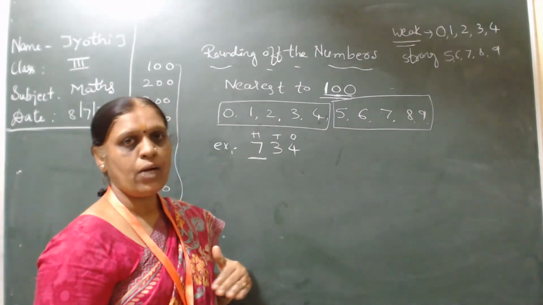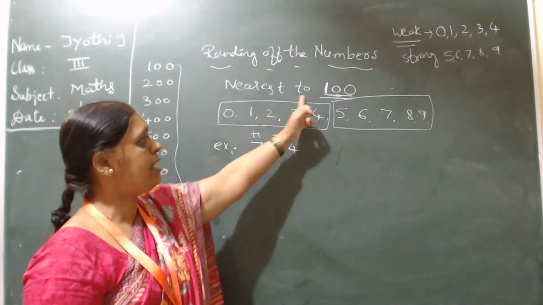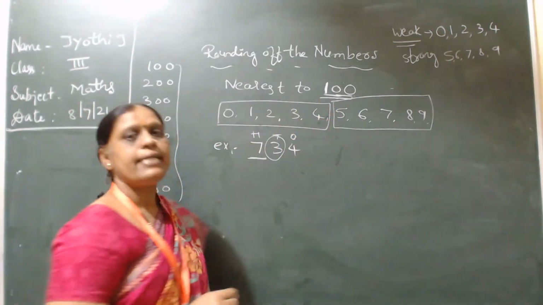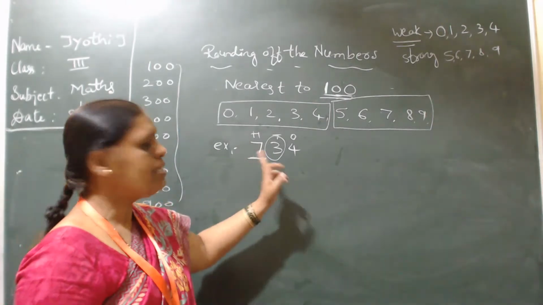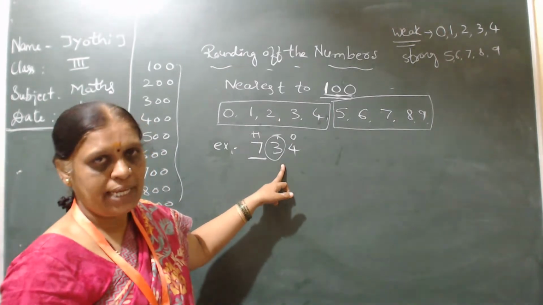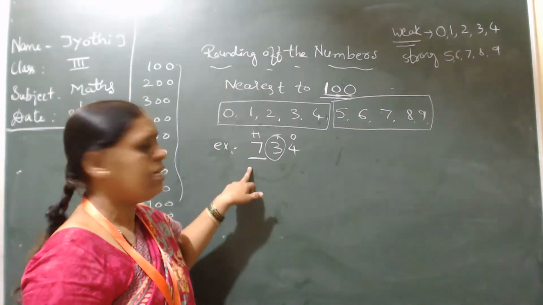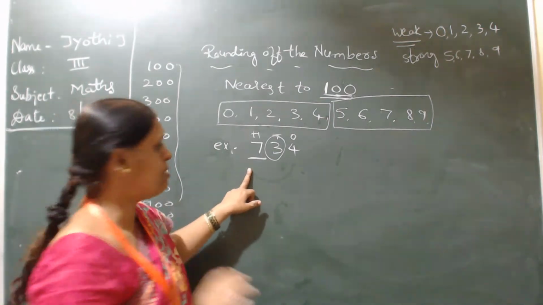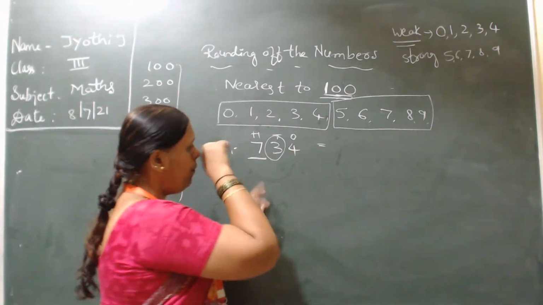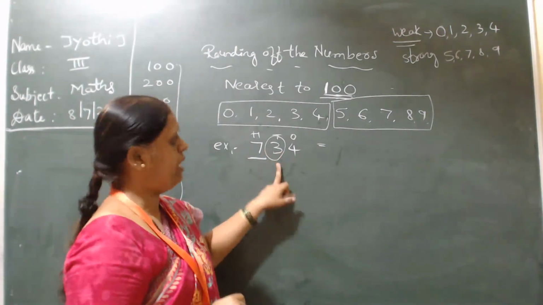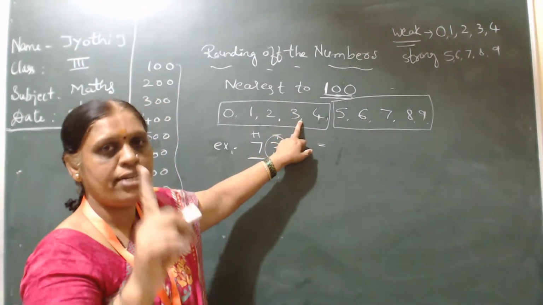So when we are rounding off the numbers nearest to 100, we have to see the number in tens place. It depends upon the tens place, whether it is rounded to the next hundreds or remains same. See here, this is 3. In tens place we have 3. So 3 will come in the first group.